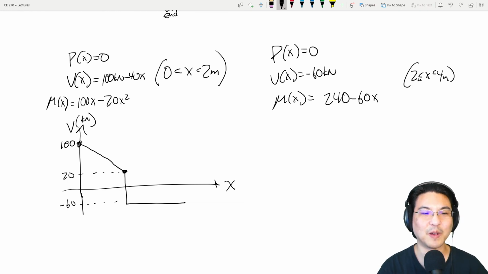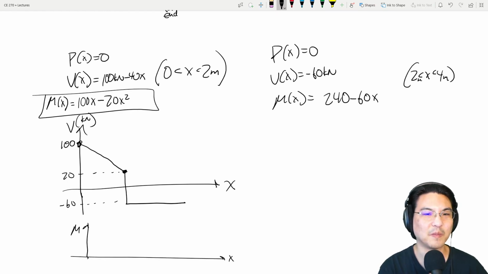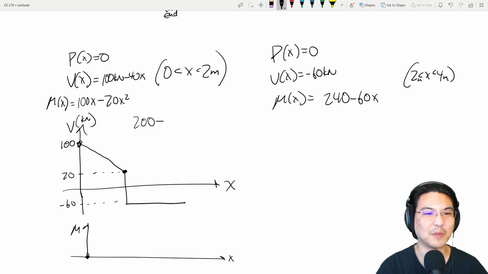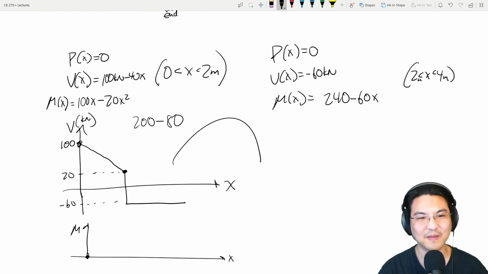Okay, and then how about the bending moment? So from 0 to 2, so 100x minus, so at x equal to 0, it's at 0. At x equal to 2, it is 200 minus 80, so 120. And then see how it's like this.